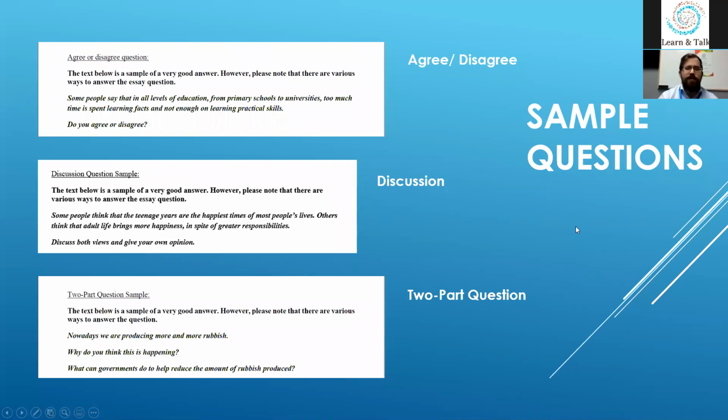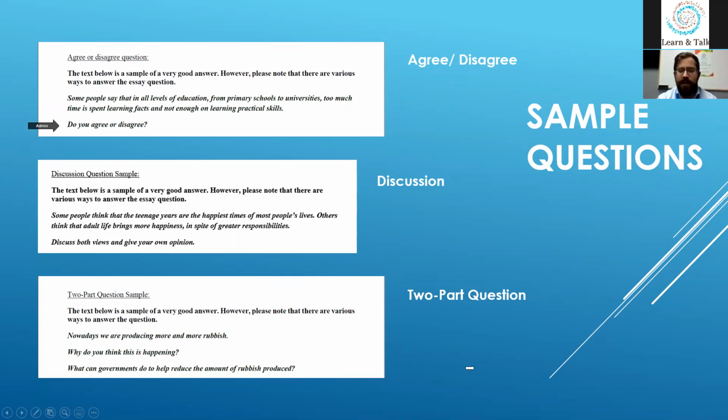So when you're doing a task 2, there are several different types of questions that you might get, and that's very important. So here we have for you three common types of questions and examples for them. One of them is an agree or disagree question. Some people say that in all levels of education, from primary schools to universities, too much time is spent learning facts and not enough on learning practical skills.